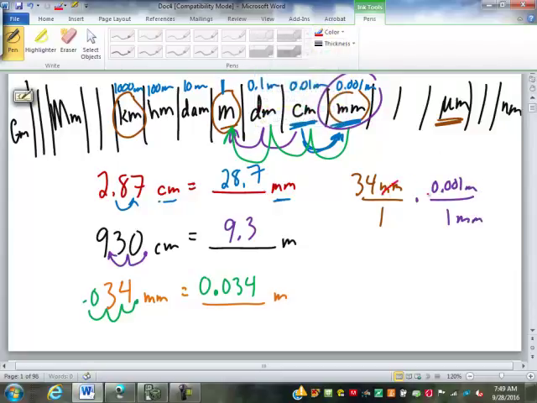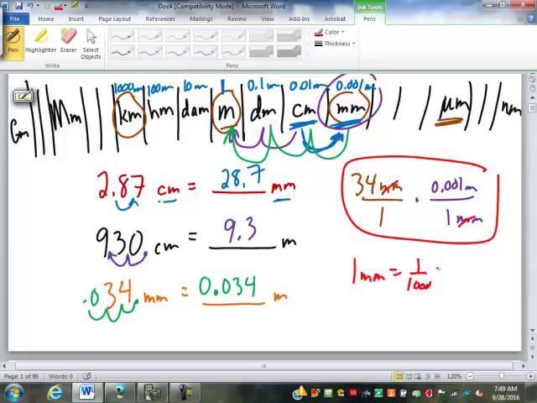So the millimeters cross cancel out. It's 34 times 0.001. Now in the metric system, since it's basically just moving the decimal point, I just use the chart and I move the decimal point. If you can remember the chart, that's great. If you can't remember the chart, then you'll have to start remembering, okay, milli is 1,000th. So 1 millimeter equals 1,000th of a meter, and you can use that.